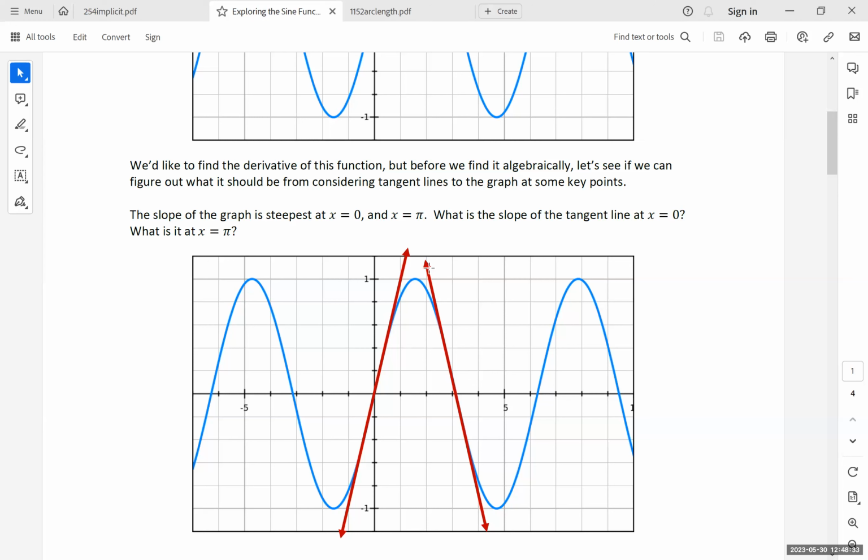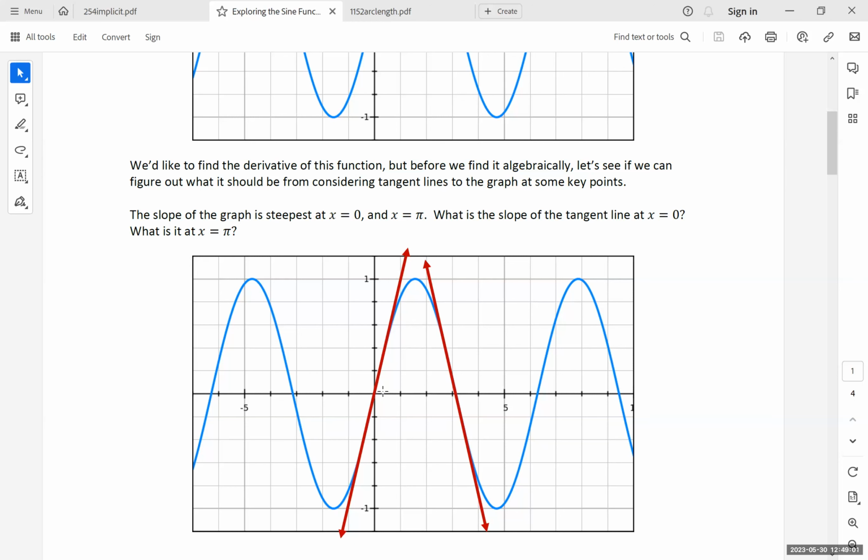And again, if we look at the slope when we get to pi, we actually end up with a similar slope. It's the same slope, but in the negative direction. This has a slope of -1. And again, you can interpret this from the graph. It's a little clearer to see at x equals 0 because the units of the graph are in nice integer units.